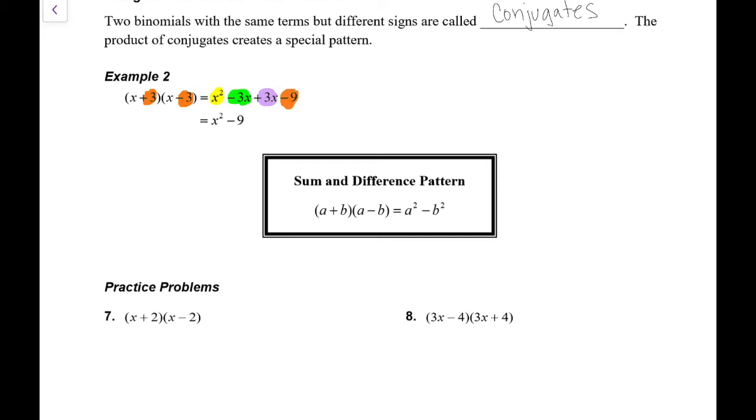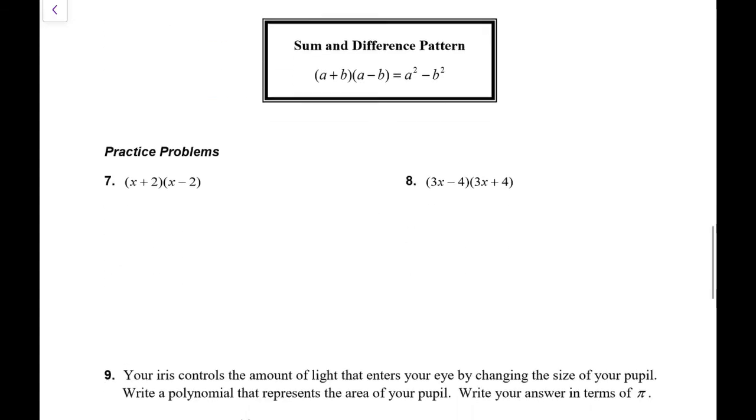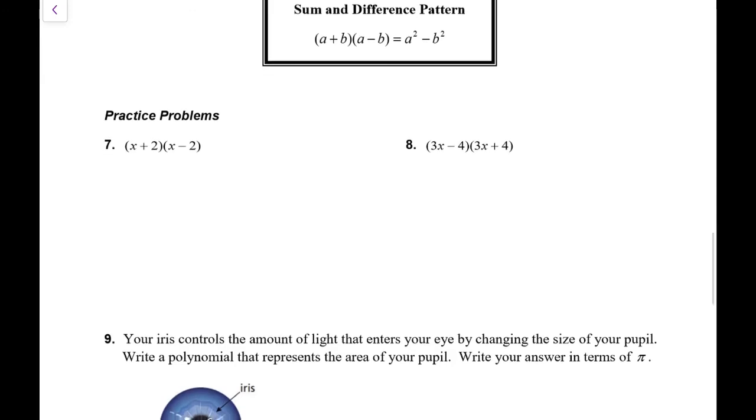Now we're going to combine those middle two terms. A negative 3x plus a positive 3x is going to equal 0x. They cancel each other out, and it's going to be gone. It's going to be plus 0x, but we don't need to write that. We just write x squared minus 9. So this is that sum and difference pattern.